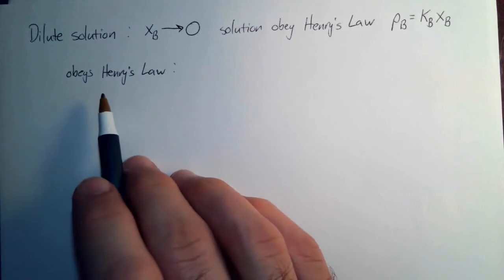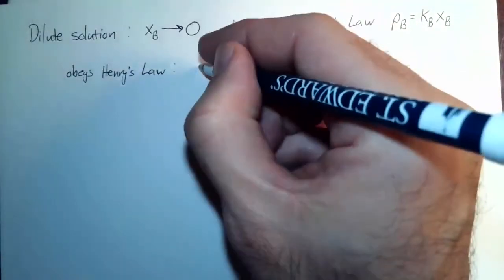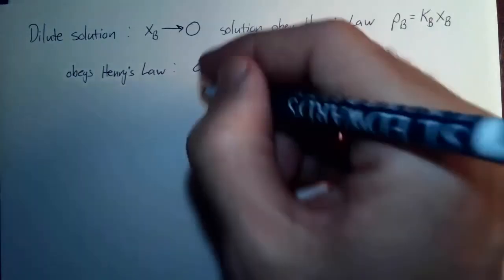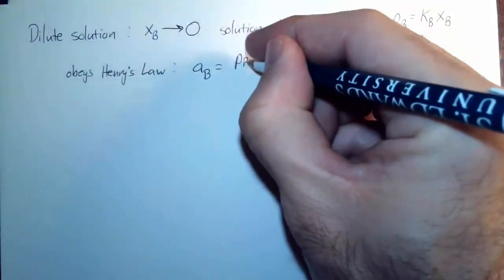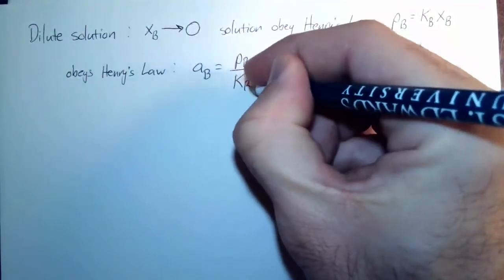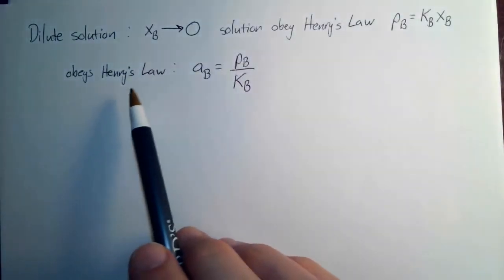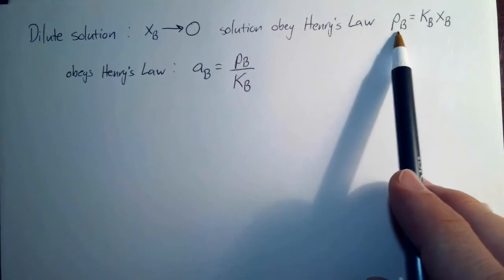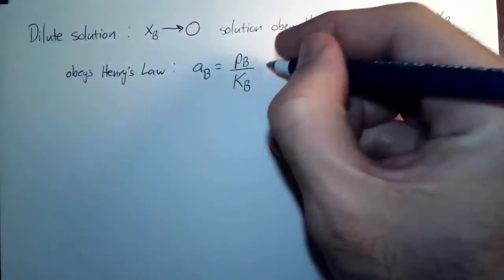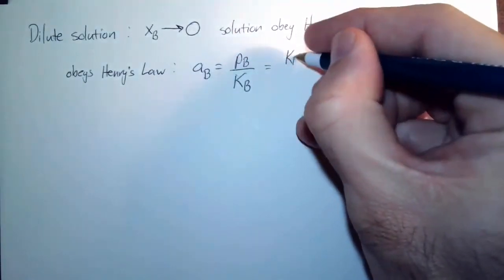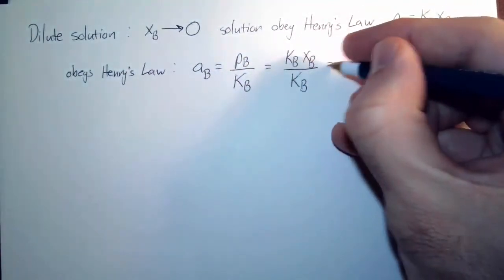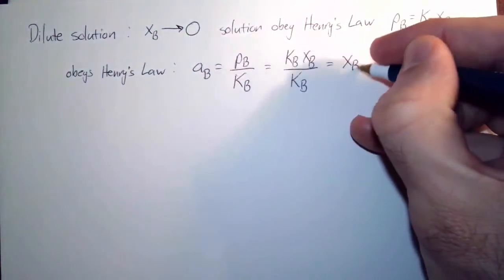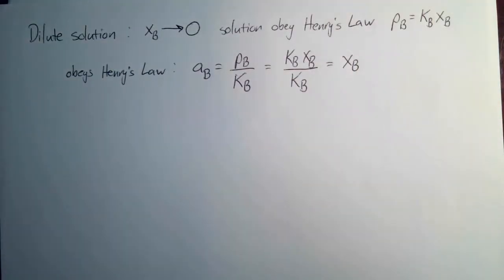So if this solution obeys Henry's law, what's the activity of the solute? So we already found the formula for the activity, PB over KB. But if this is obeying Henry's law, then we have a formula for PB. It's KB times XB. And the KB's cancel, and we're left with XB.